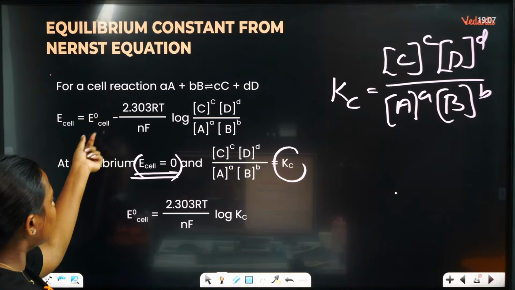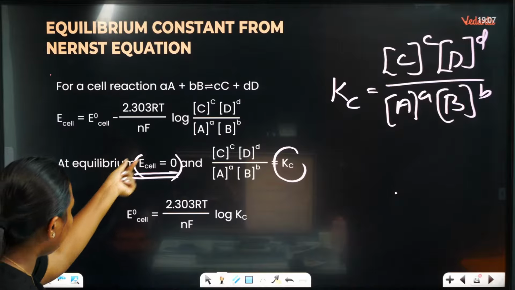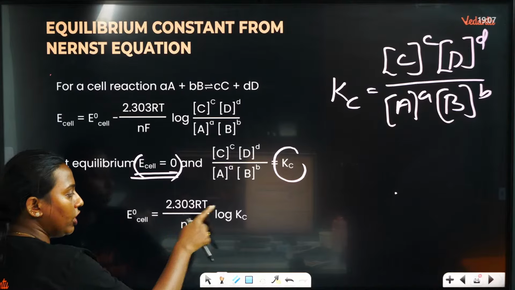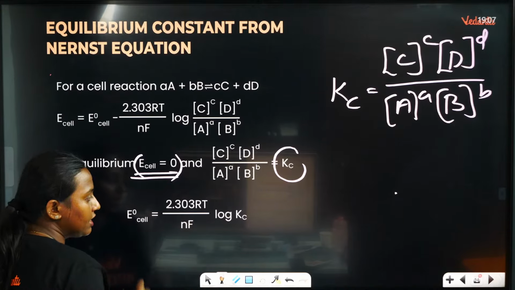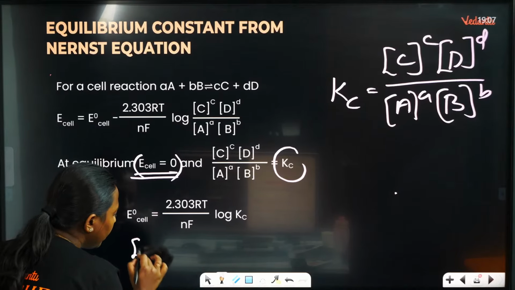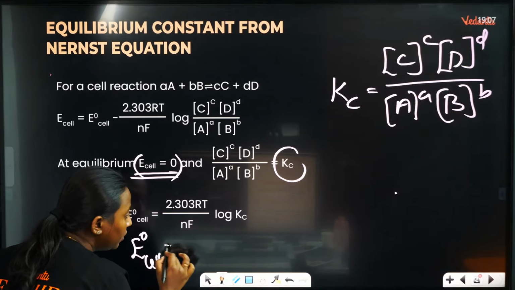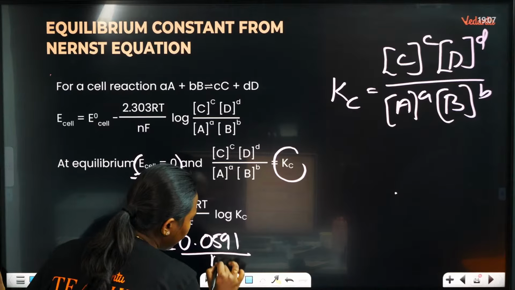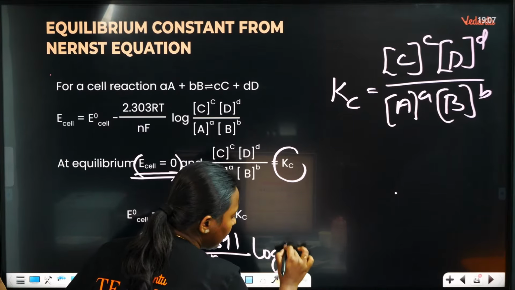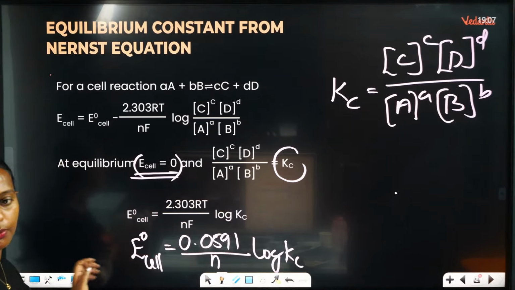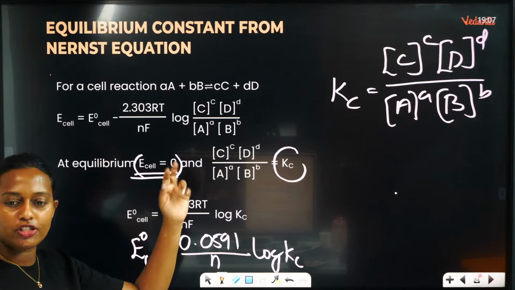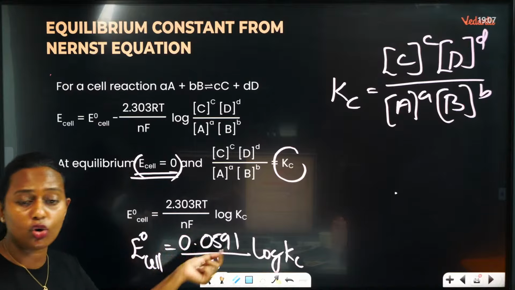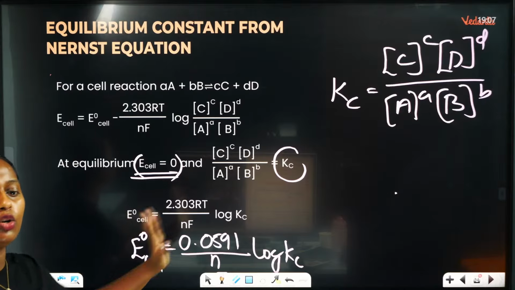Then E naught cell is equal to 2.303 RT divided by nF log Kc, or you can write E naught cell is equal to 0.0591 divided by n log Kc, because R, T and F are constants. When we substitute all the values, we get 0.0591 divided by n log Kc.